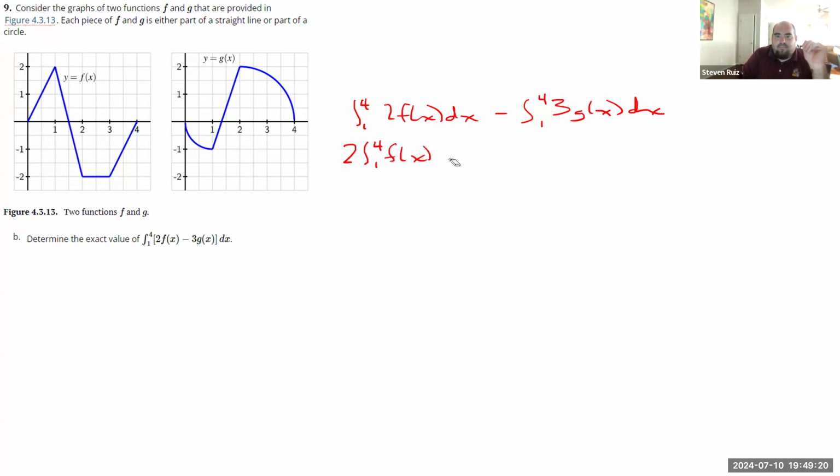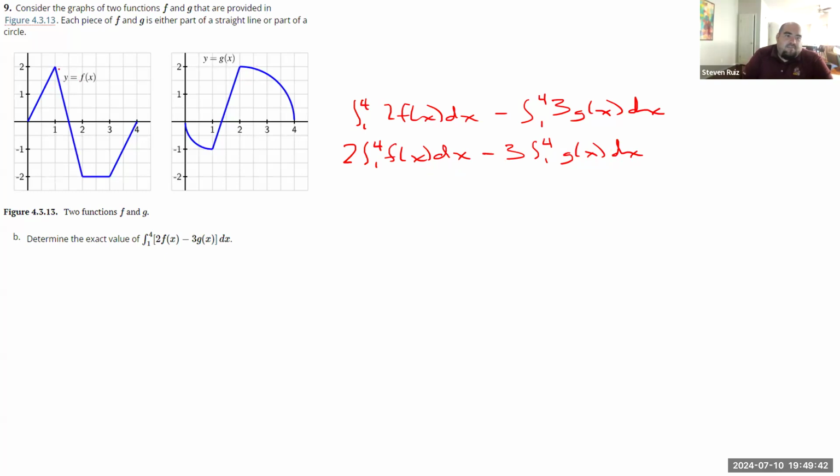I am doing basically the same thing with integrals. So I'm going to pull these constants out of these integrals. And now in both cases I'm looking at the integral over an interval of one function, and the same thing with the other.